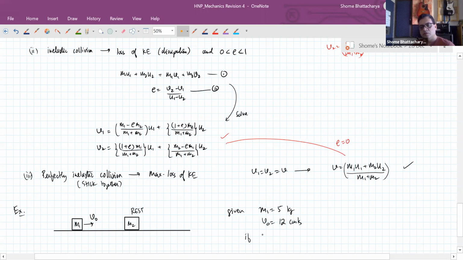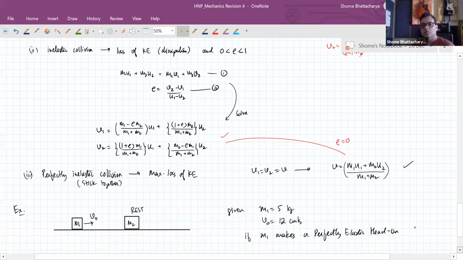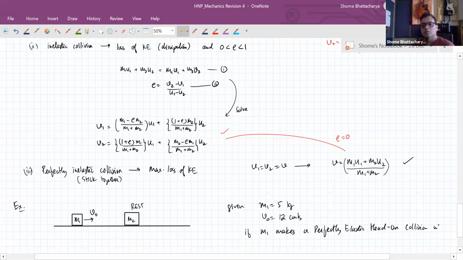Now if m1 makes a perfectly elastic, head-on impact, head-on is the same thing as one dimension, find m2 if m1's final speed is 6 centimeters per second.